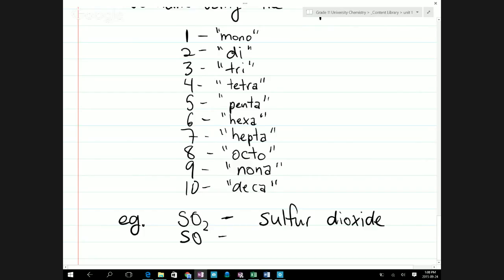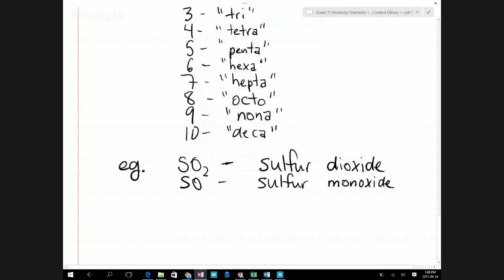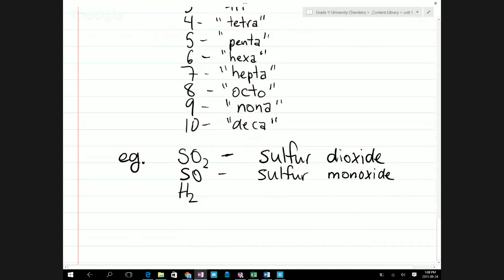What would this be? SO. What would this be? What would its name be according to this system? Are the 2 oxygens?